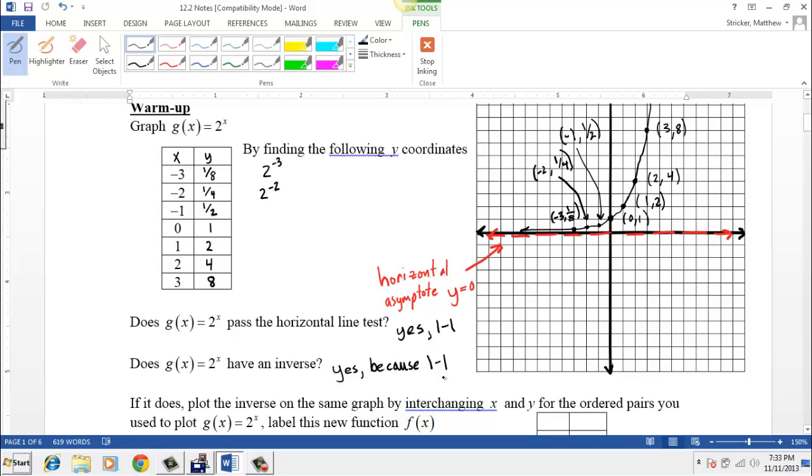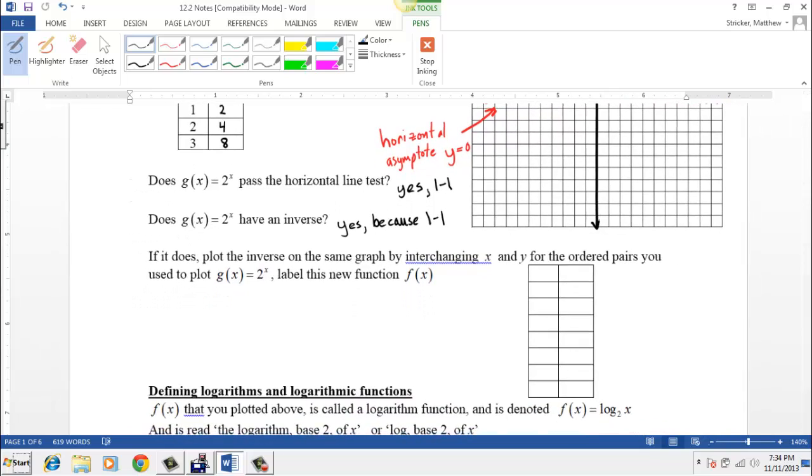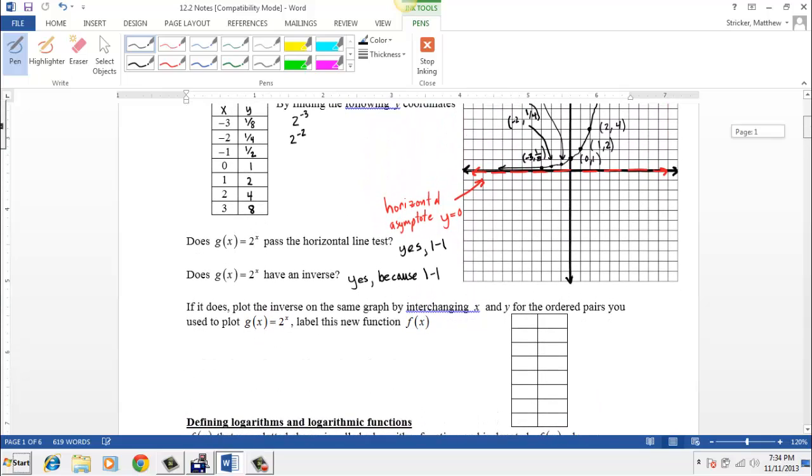And if you'll recall, we talked about this in the last chapter. If we wanted to go ahead and plot the inverse function, we just take these points and reverse the x and the y coordinates. Because, for example, if our function turns 3 into 8, the inverse function will turn 8 back into 3. And we can do that with all of these points. So our inverse function table, this is x, and we'll call this new function f of x.